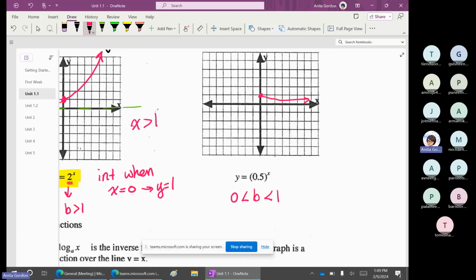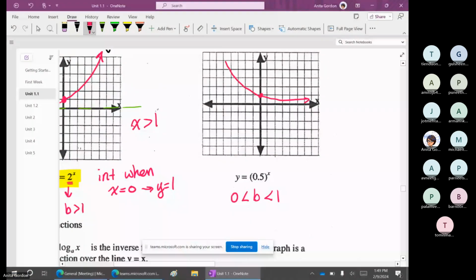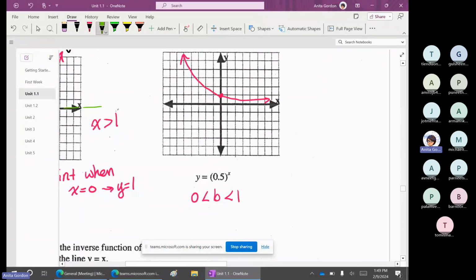And as it gets negative, if x is getting large but in the negative direction, what's happening to my value for y? It's growing. Okay? Does that make sense?